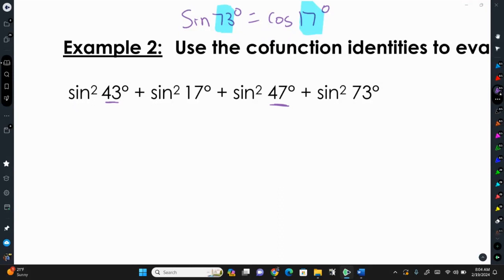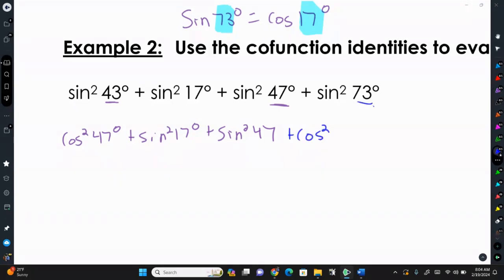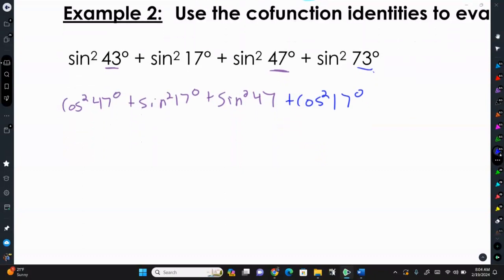So instead of writing it as the sine squared of 43 degrees, I can write it as the cosine squared of 47 degrees. And then instead of sine of 73 degrees, we know that this would be the cosine of 17 degrees, using those cofunctions, because 17 and 73 add up to 90 degrees.